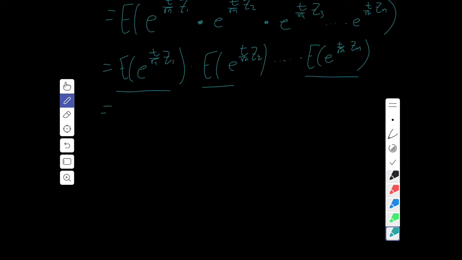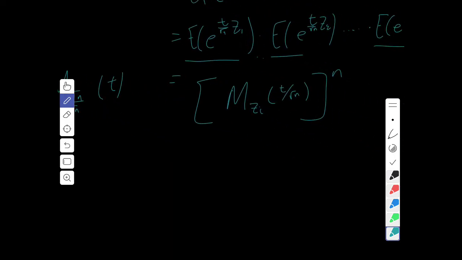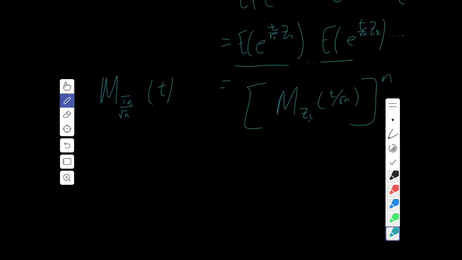And because all of these are identically distributed, the moment generating functions are going to be identical, so this is the same thing as the moment generating function for one of the Zi's, or any of the Zi's, it doesn't really matter which one we choose, evaluated at t over root n, and then all to the n because we're multiplying it n times. So the moment generating function of Tn over root n of t is just equal to the moment generating function of one of the Zi's evaluated at t over root n, to the power of n.